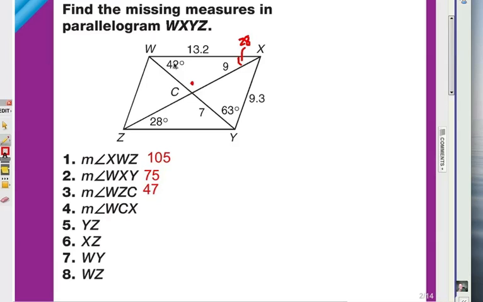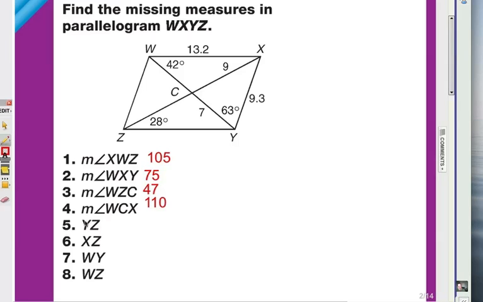We know that one angle is 42, the other angle is 28, and we can figure out the third angle because that's the difference from 180. All three angles add up to 180, and these two angles add up to 70, and then we subtract to get 110. All right, not too bad on that one.